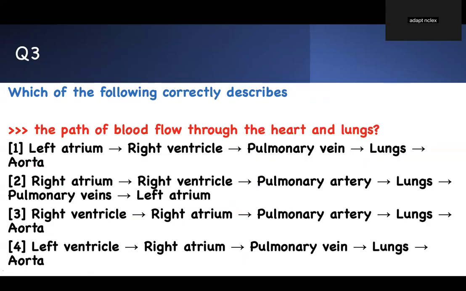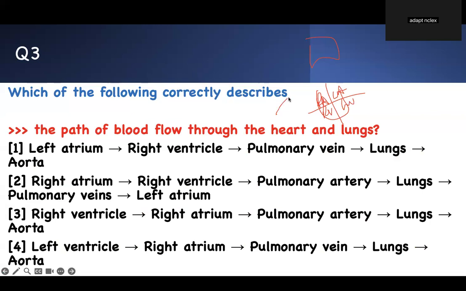Which of the following correctly describes the path of blood from the heart to the lung? That means you have to know the structure. So this is your heart and this is your lung. I told you there are 4 chambers: right atrium, right ventricle, left atrium, left ventricle.